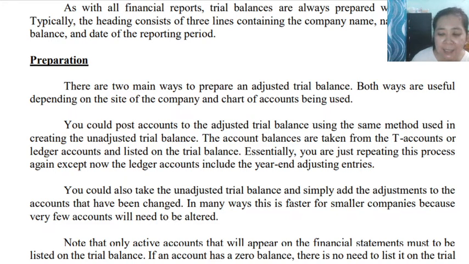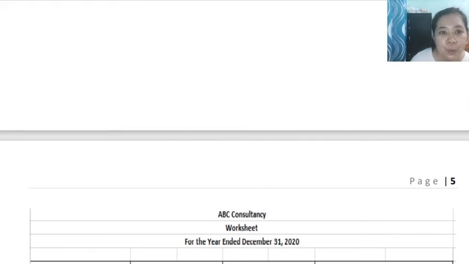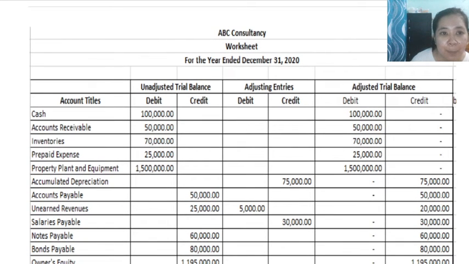But in this case, what we are going to do is just add or deduct the balance of the account from the unadjusted trial balance and the adjusting entries. That will be our adjusted trial balance. So this is our example.